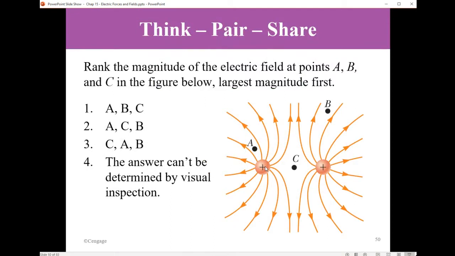Rank the magnitude of the electric field at points A, B, and C in the figure. Largest magnitude first. Any suggestion?